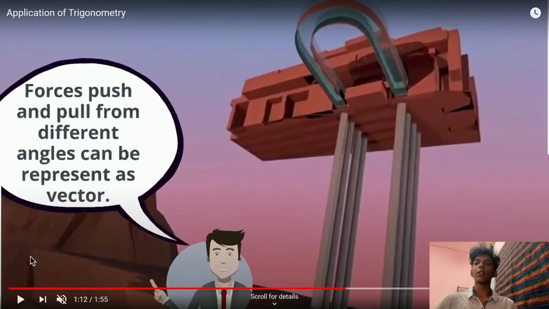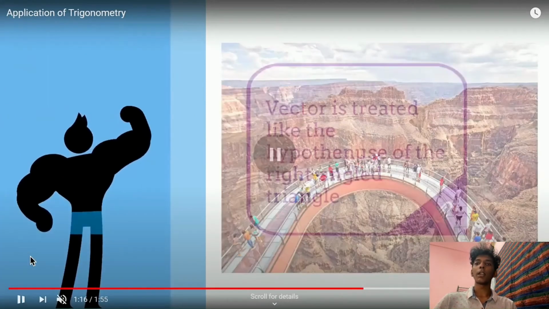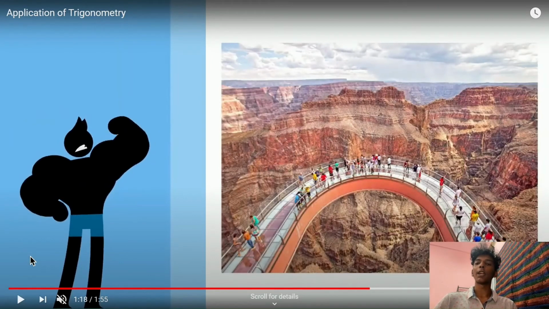Why vector? A vector is used as the hypotenuse of a right angle triangle to determine the pressure that should be exerted on the bridge. So this will not cause any damage, and using trigonometry also gives a precise reading of what should be carried out.